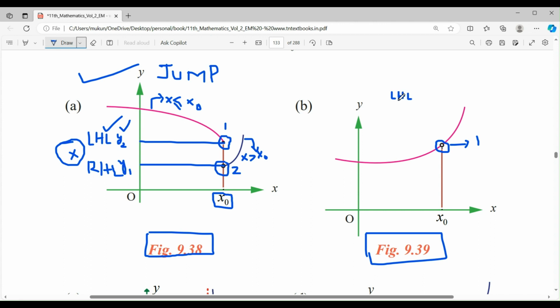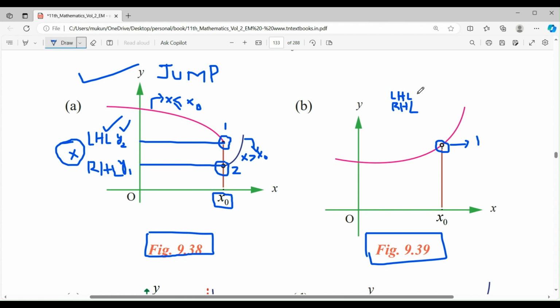And from the graph, I can very clearly make out that as x tends to x naught plus, which is very close to x naught but greater than x naught, I can calculate my RHL, right? So at the point x naught, this function is undefined, but in the neighborhood of x naught, I have this function very well defined and they will have finite limits.